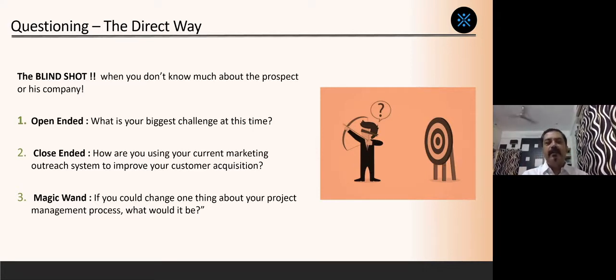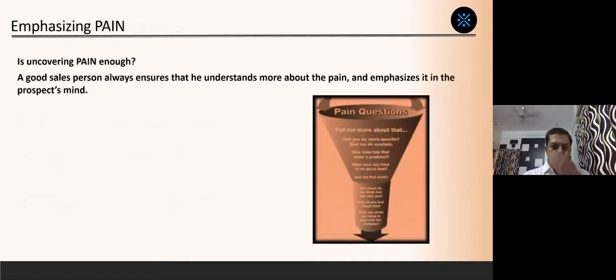This is something that you use, these different questions, when you don't have a lot of context or when you've not had time to research, right? So let us now look at, okay, using these three different methodologies, the direct, the conclusive, and the assumptive methodologies of questioning, you've hit some pain point, right?